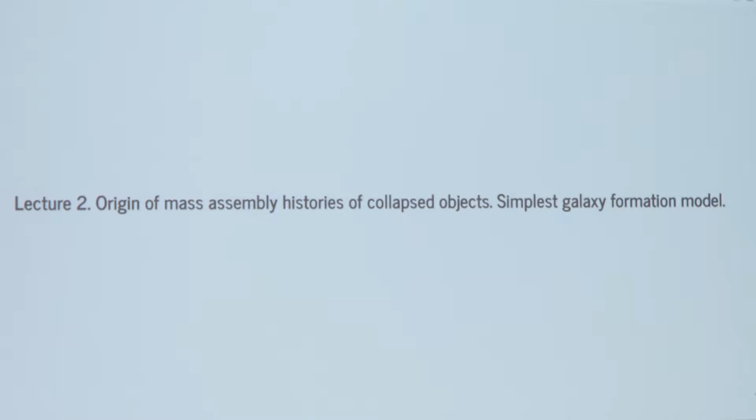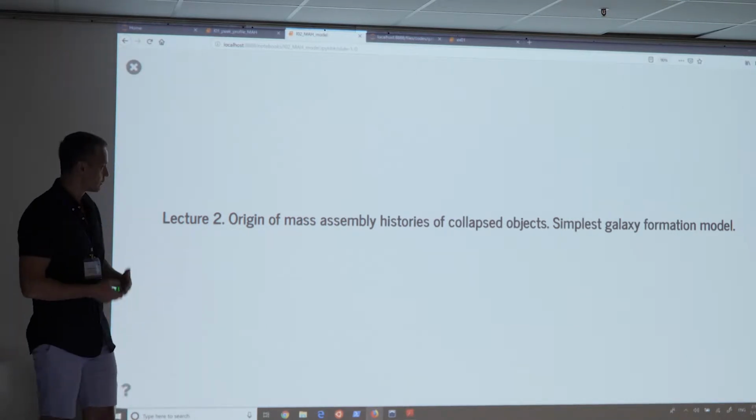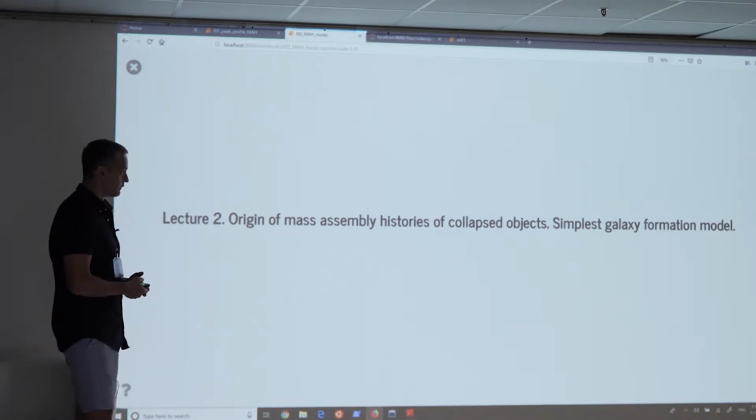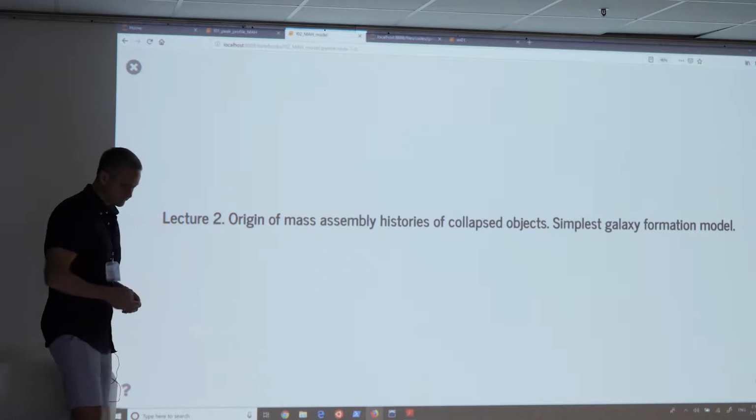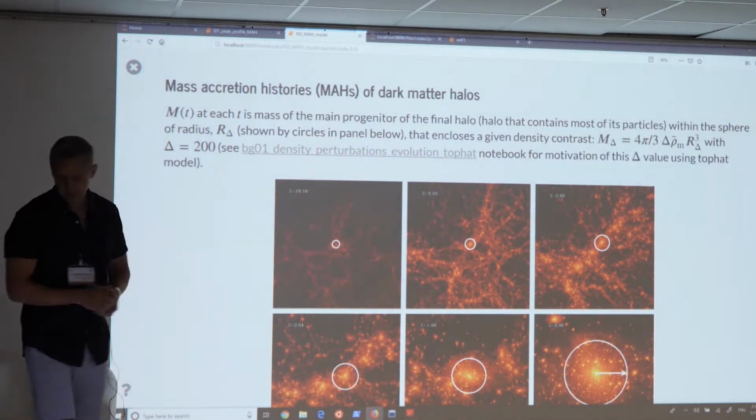And then we'll use that result to provide the basis for the matter accretion rate for galaxy formation model, which will provide the mass budget for the baryons that will control how much gas is available for forming galaxy and so on. Right, so we left off yesterday talking about mass accretion history.